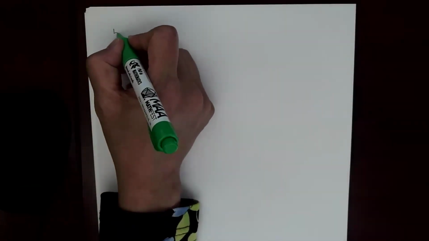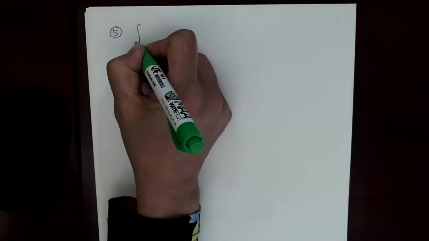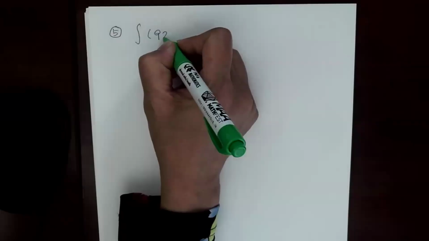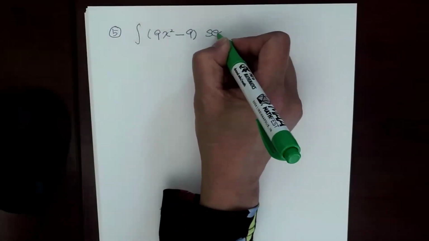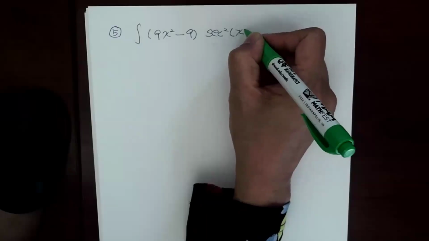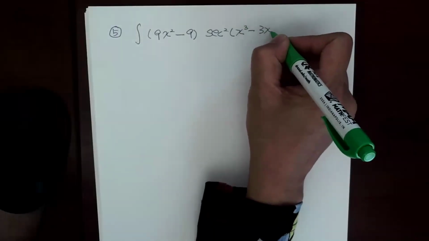And the next problem is integration 9x squared minus 9 times secant squared of x cubed minus 3x dx.